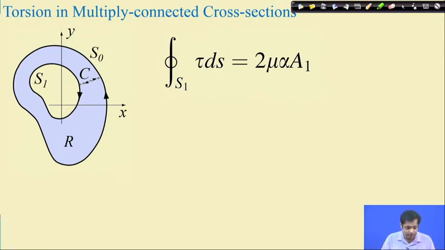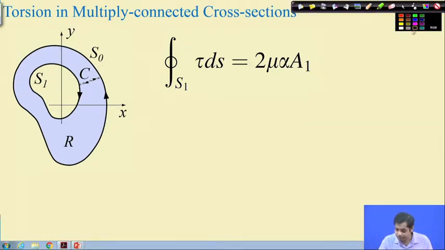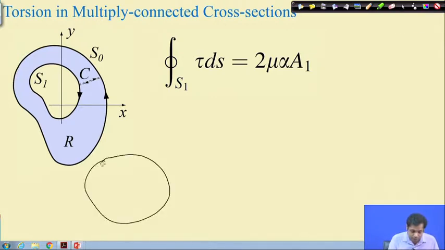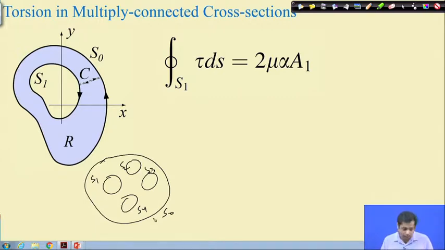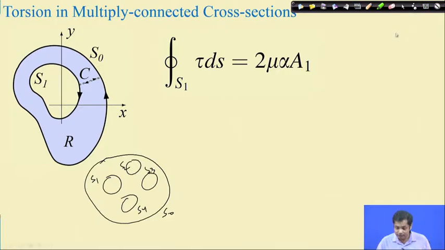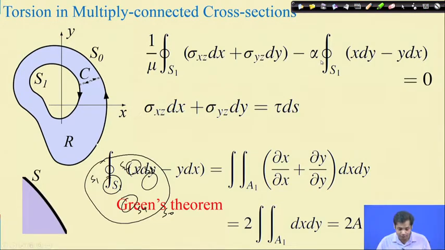Now, suppose you have a domain like this, and you have one loop, two loops, several loops like this. So, this is S1, S2, S3, S4 and so on, and this is S0. If we have such loops, then this equation has to be satisfied over every loop.